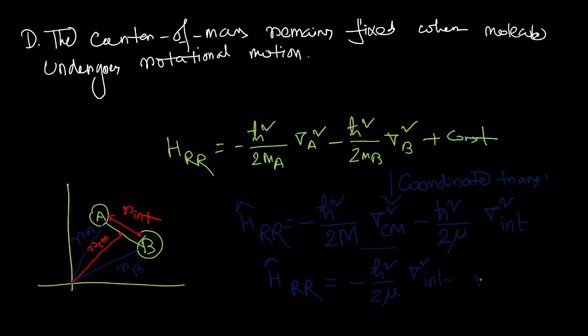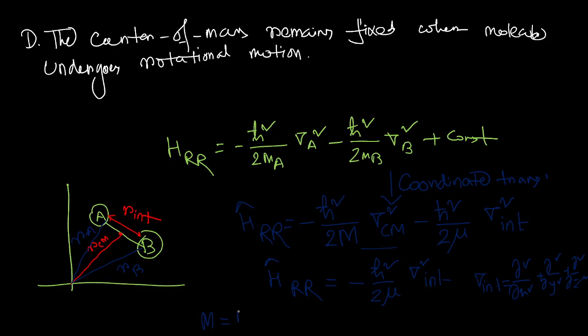Where the internal coordinate is nothing but the gradient along x, y and z. Now what does m mean?